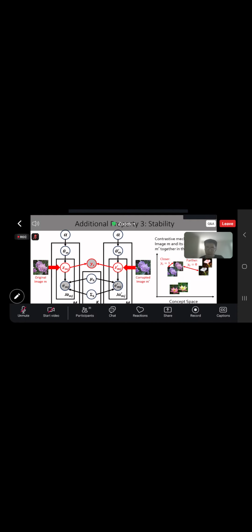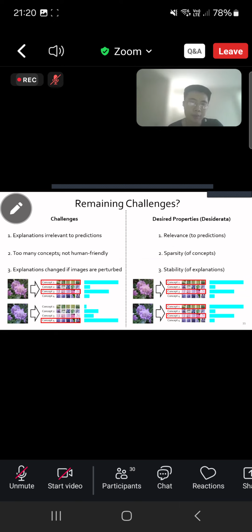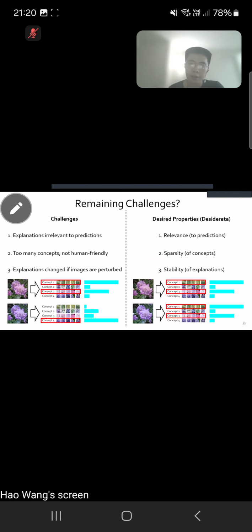So this is basically a contrastive learning mechanism to push image m and its corrupted version together in the concept space. For concepts from the same image, we push them closer, and for concepts from different images, we push them farther away. This way, we can have a Bayesian deep learning explainer with nice properties, including relevance, sparsity, and stability.